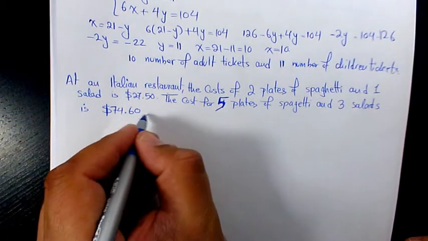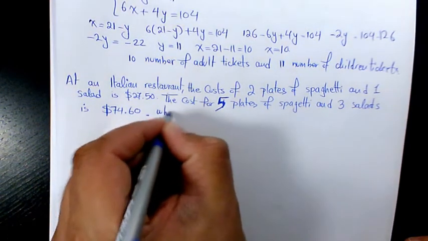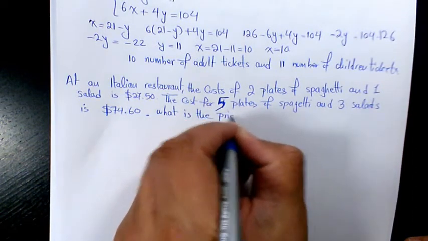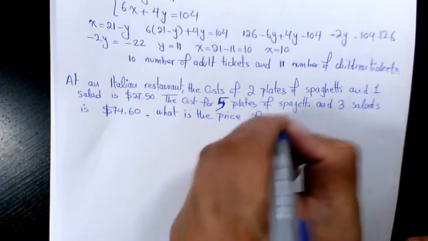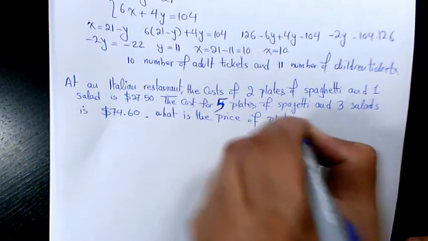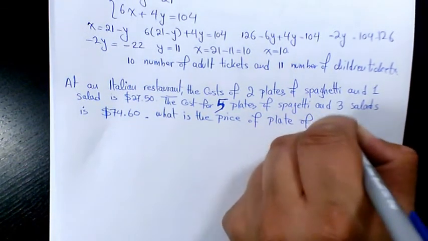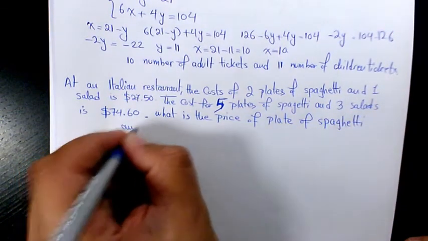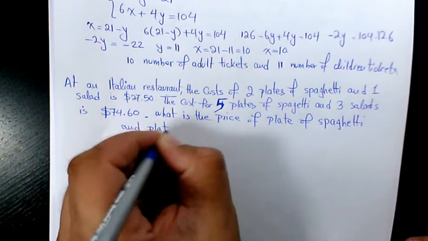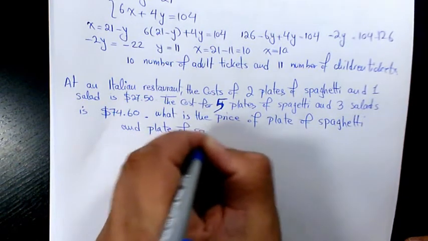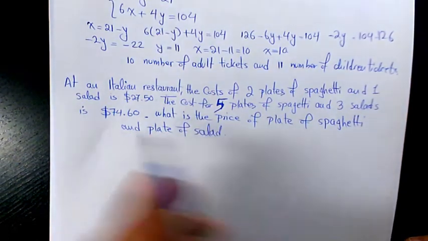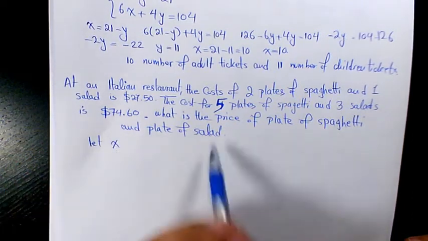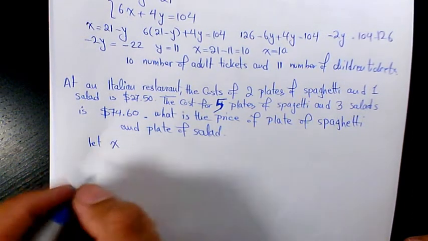I'm going to say, what is the price of a plate of spaghetti and a plate of salad? So we're gonna say let x, it's always the unknowns, we need to define it in a let statement.